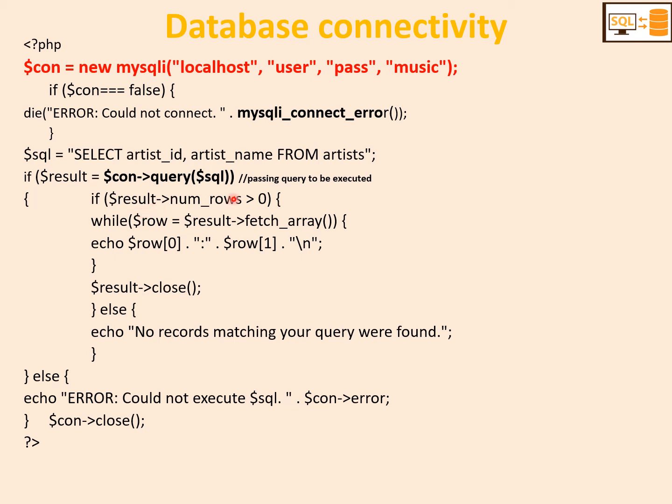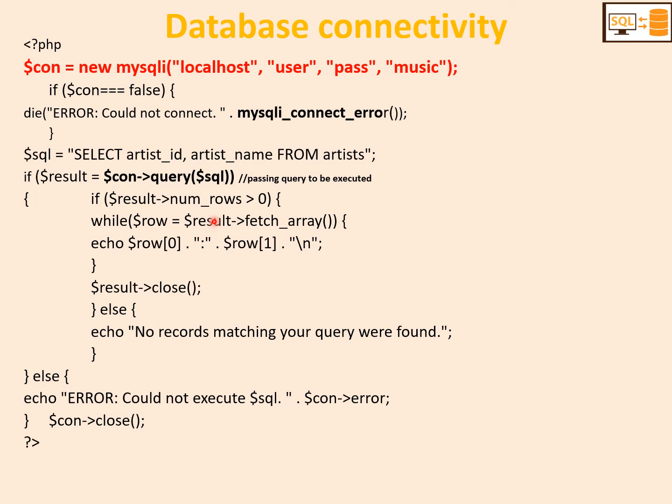In order to access the data from the result variable, we use a while loop to fetch the data. Here the while loop is: while $row is equal to $result fetch array. Using the fetch array function, we extract the data from the result variable.